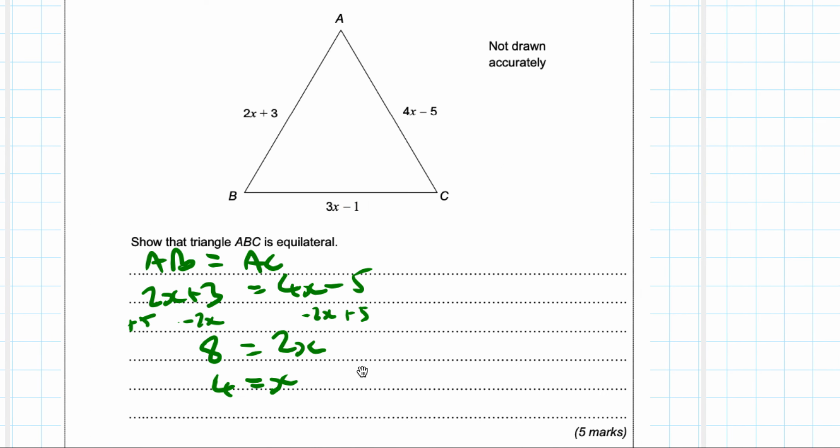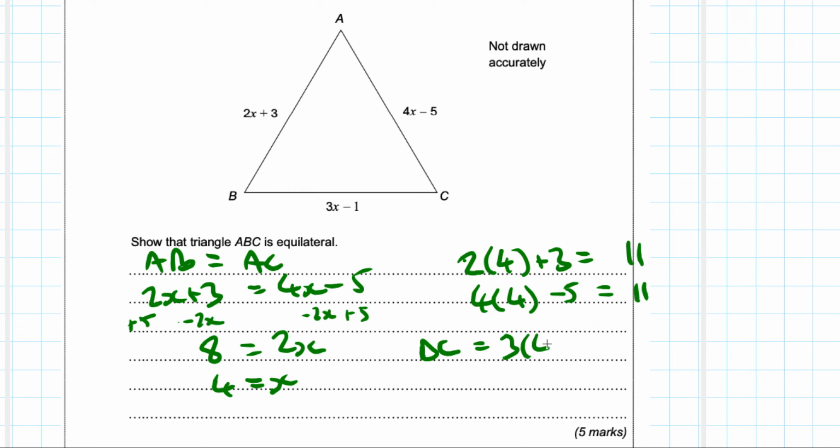From here, if AB equals AC, then we can say, well, 2 times 4 plus 3 is equal to 8 plus 3, which is 11, and 4 times 4 minus 5 is also equal to 11, and then we can test BC. So BC is equal to 3 times 4 minus 1, which is equal to 12 minus 1, which is 11.